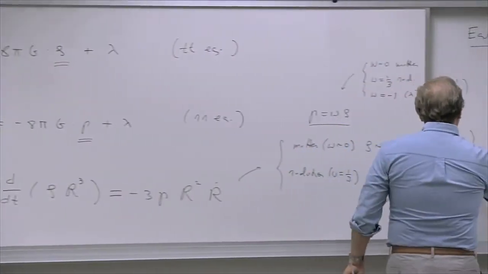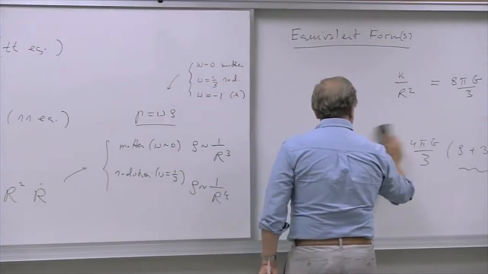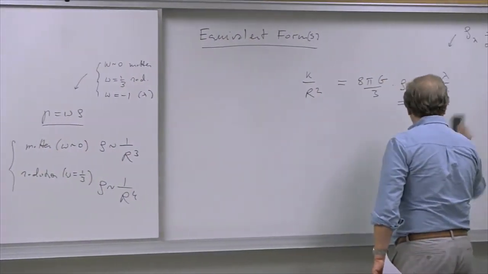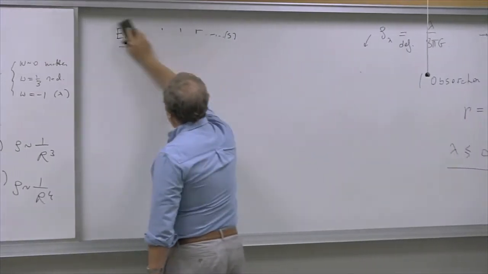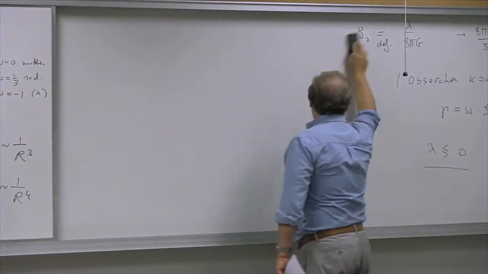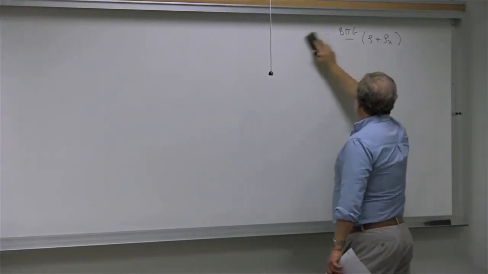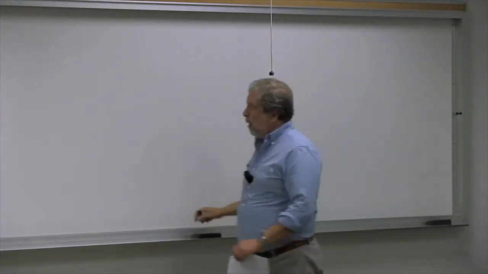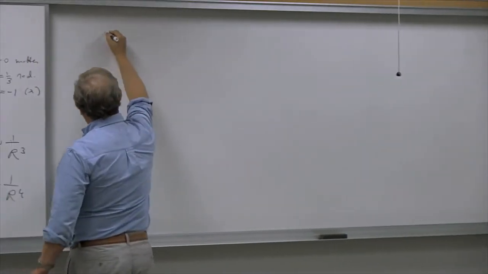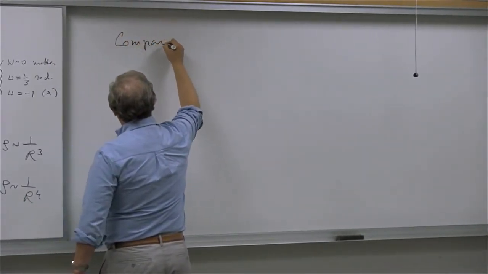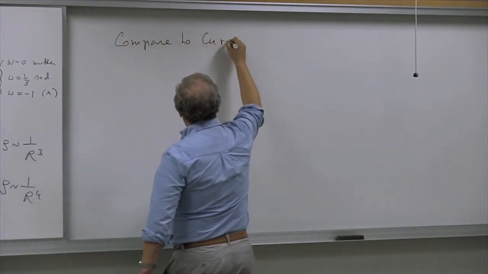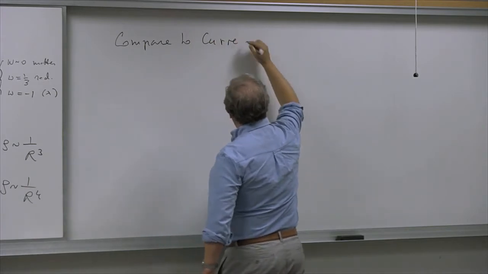So now we want to compare this to what we observe today. So far we've just written down what Einstein's equations tell us. So we now compare to current observations.